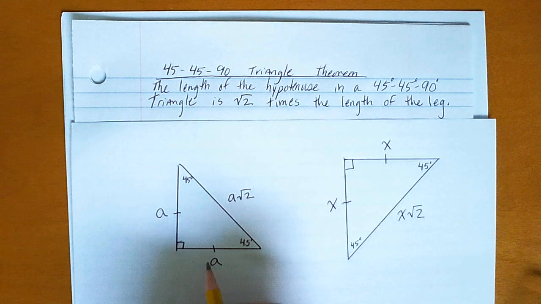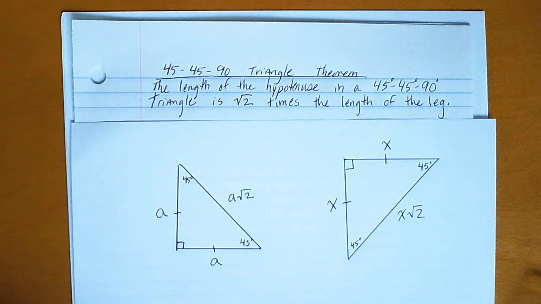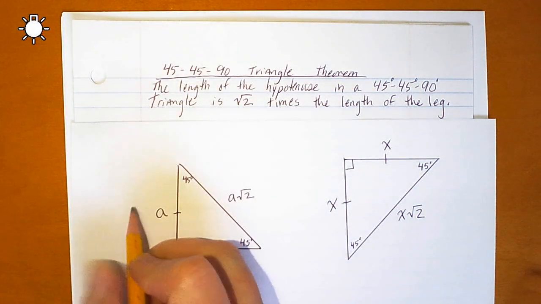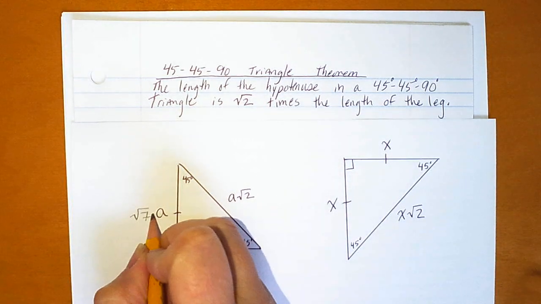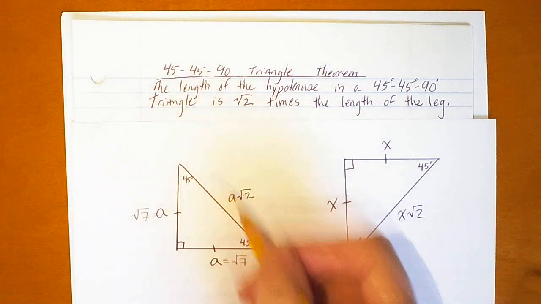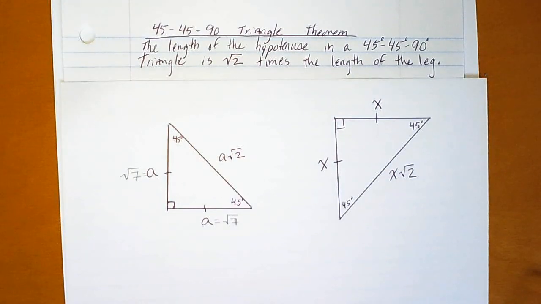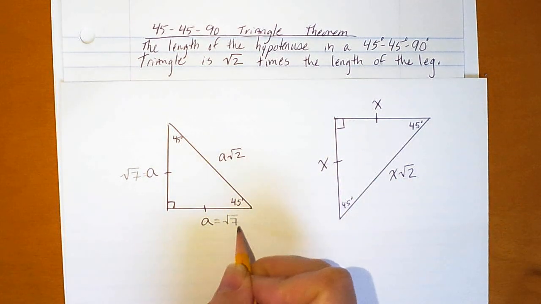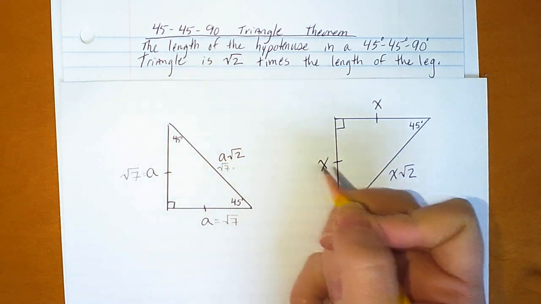So let's pretend here for a moment that I have one of my legs equal to the square root of 7 here. So this is the length of this leg. Well, that makes the other leg easy to find. This leg will also be equal to the square root of 7. But the hypotenuse, if I have A root 2 for my hypotenuse, I have to substitute in what I know is A, root 7, and I need to multiply that by root 2.